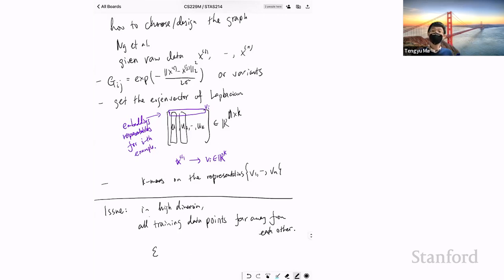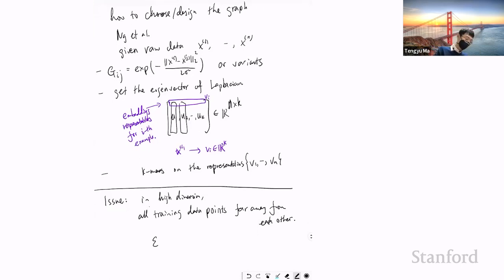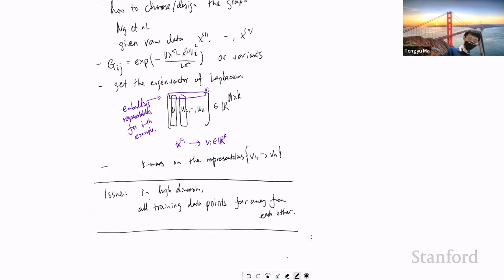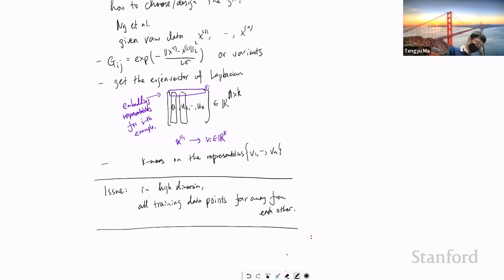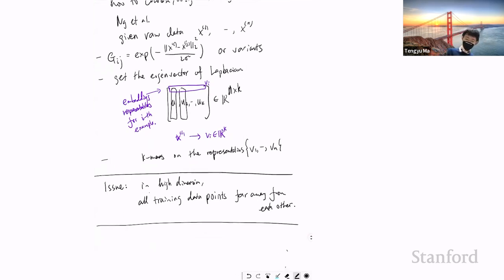So for the last 15 minutes, I'm going to briefly discuss one of the works in my group recently, where we try to reuse this classical idea, but use it in a different way. This is in a paper by HaoChen et al. in my group.